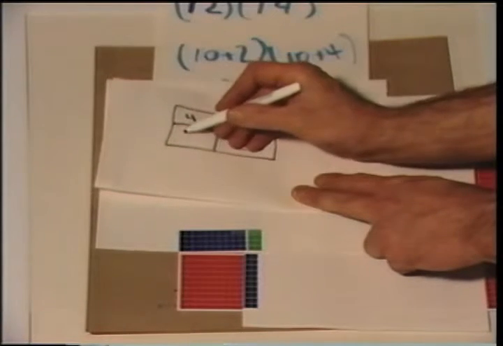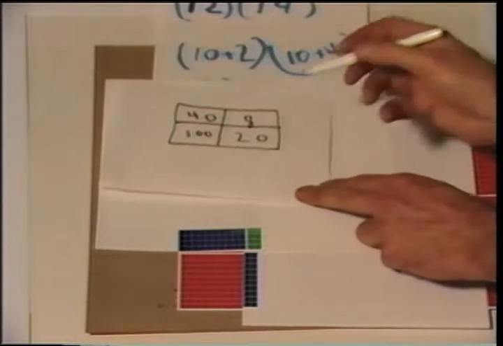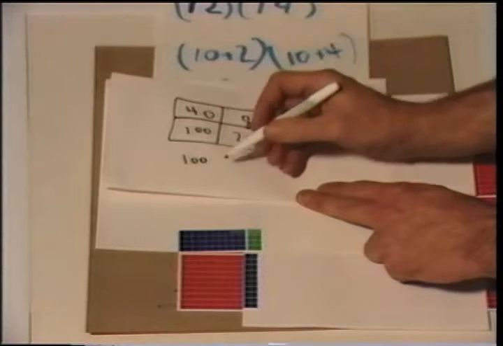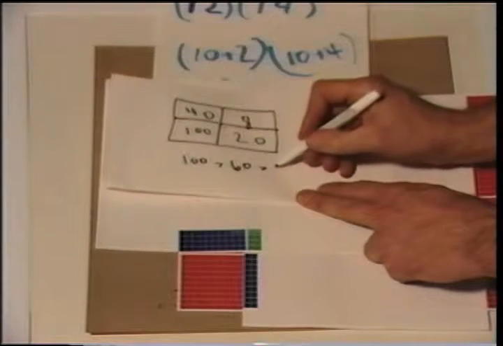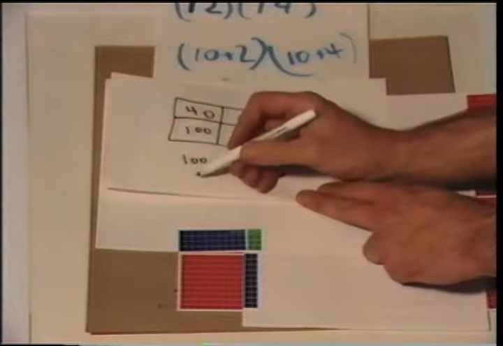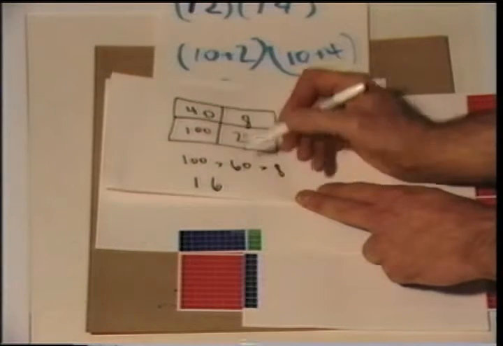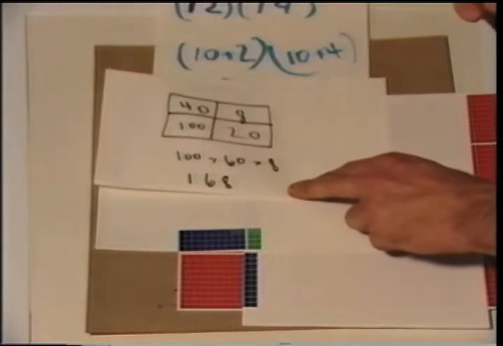And here we have this rectangle, 100. So what do we have totally? We have 100. We have 6 tens. We have 8 units. Or we have 168.